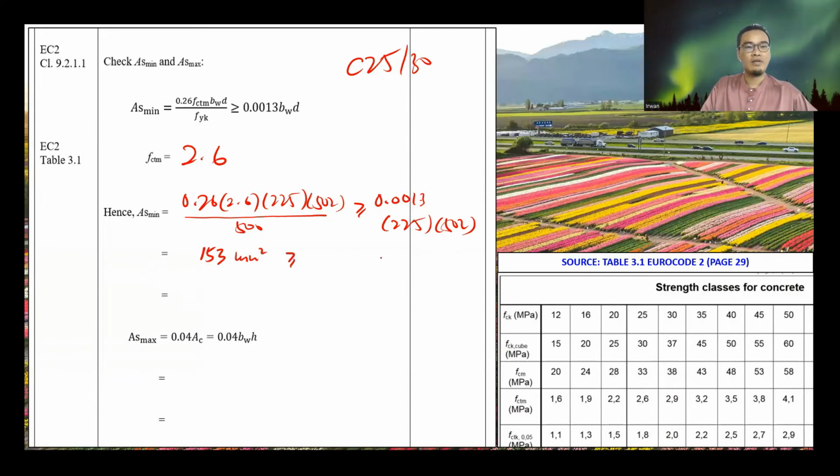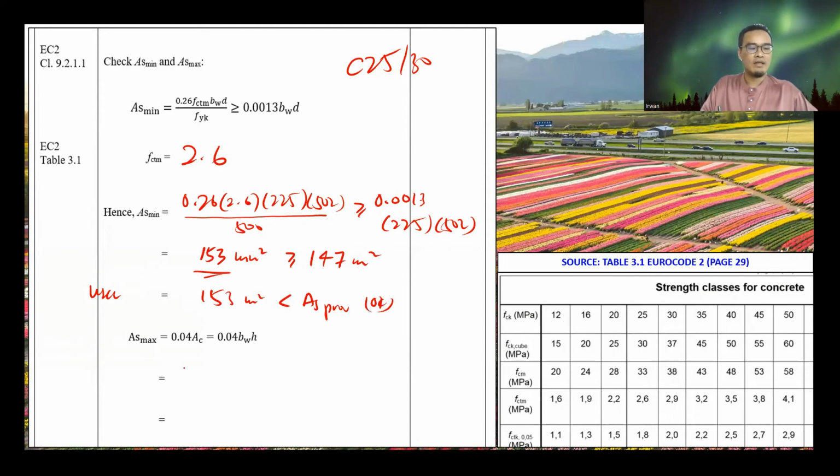And then another one. 147 mm square. So you use the larger one, 153 mm square. This one is lesser than AS provided, means okay. And then how about the AS maximum?